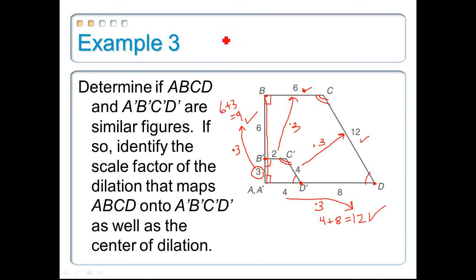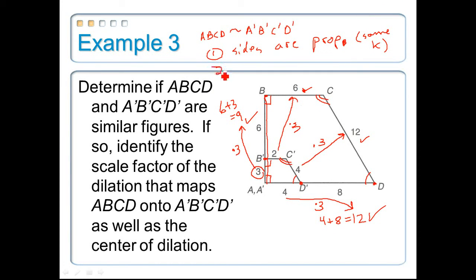So it seems to meet our similarity: ABCD is similar to A prime, B prime, C prime, D prime. The first reason is the sides are proportional. Remember, you have to have 2 regions. Non-triangles don't have shortcuts. And we know that they're the same because they have the same scale factor. Remember, we use K for the scale factor.